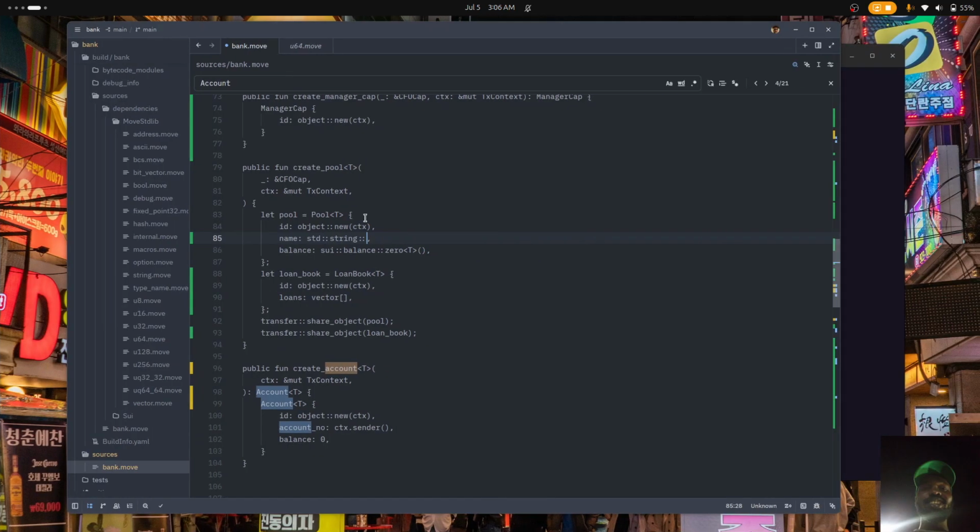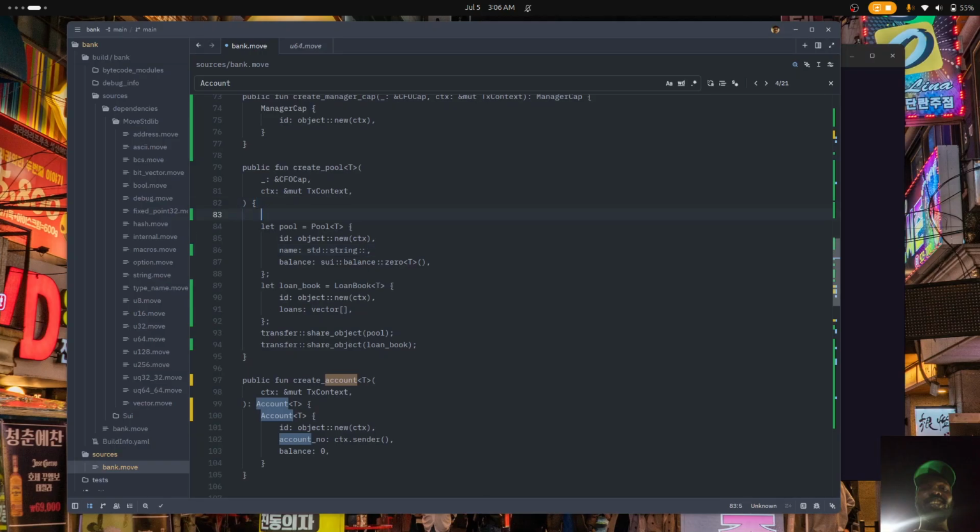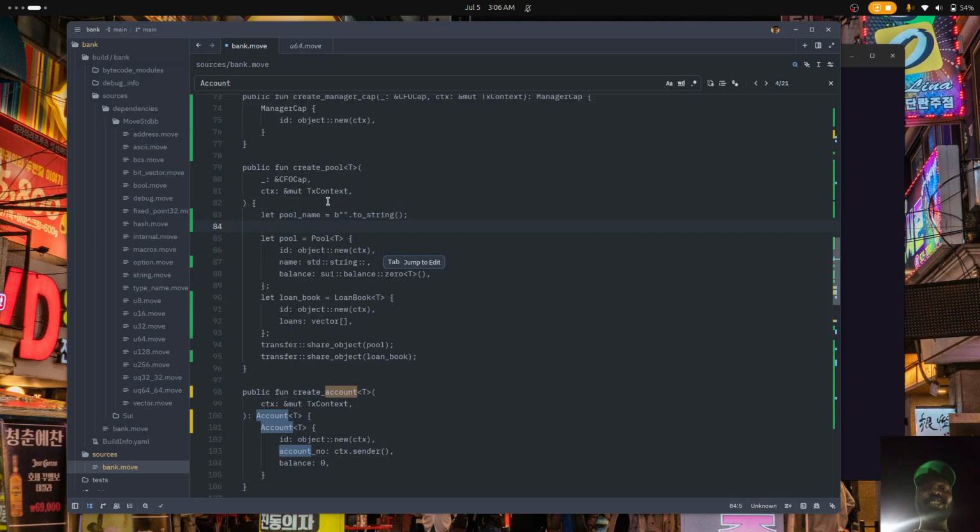So what I want to do first is I want to say L name, right? Pool name equal to E. It's a string. Just this was simple. Then the full name.